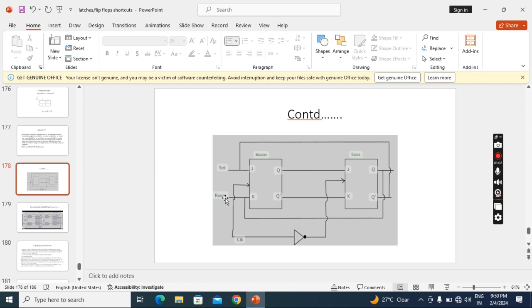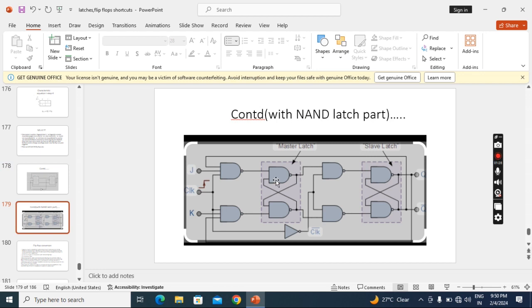Because we give the clock directly to the master, positive clock, but the same clock we give to the slave flip-flop through the inverter, so it becomes a negative triggered flip-flop. One more thing we have to observe here: for the master we removed the feedback, but there is a feedback from the slave output to the master input.